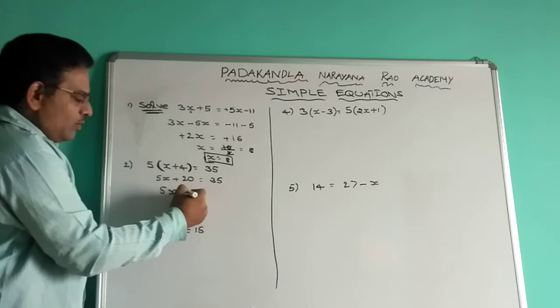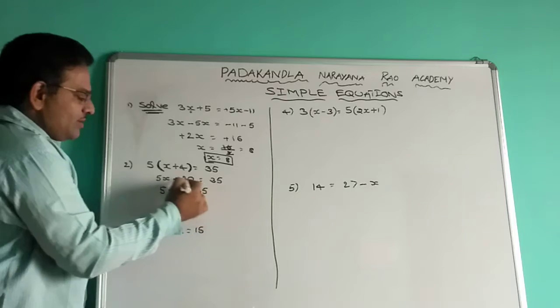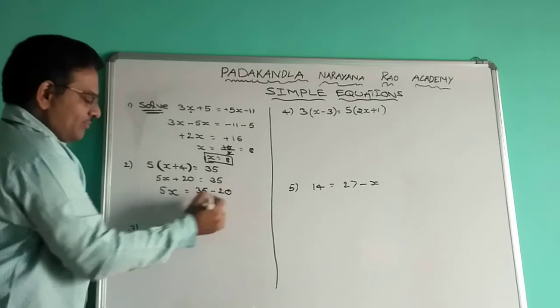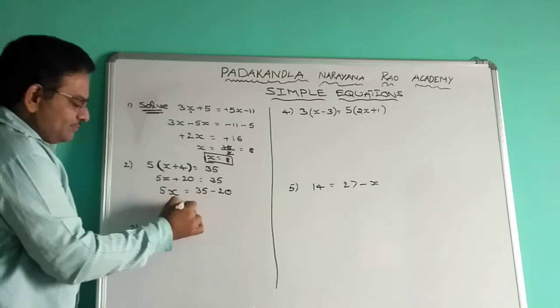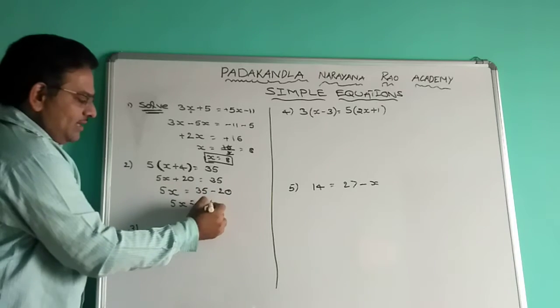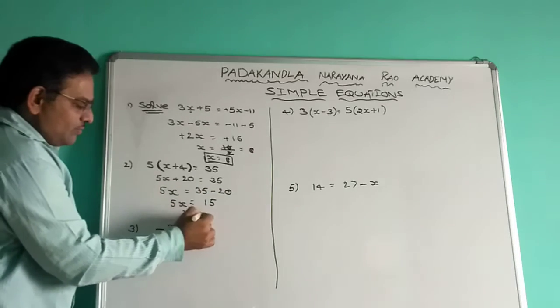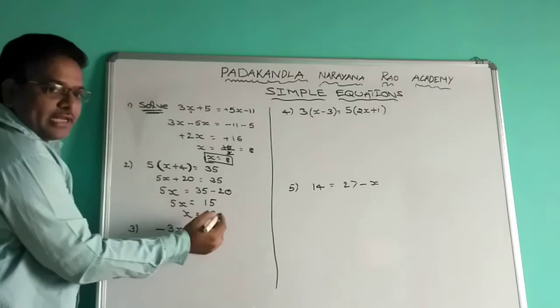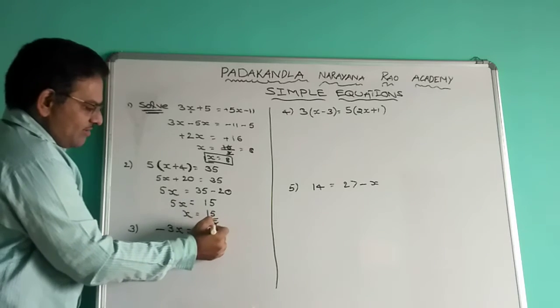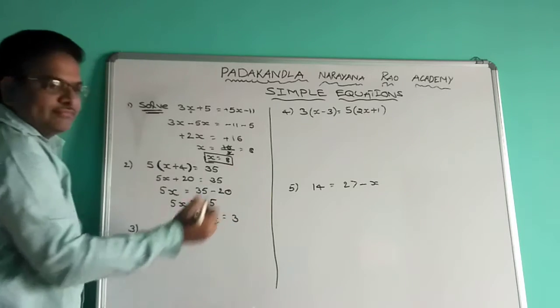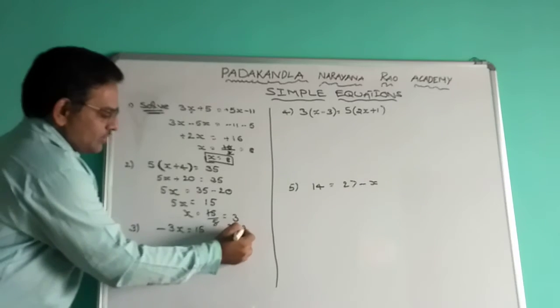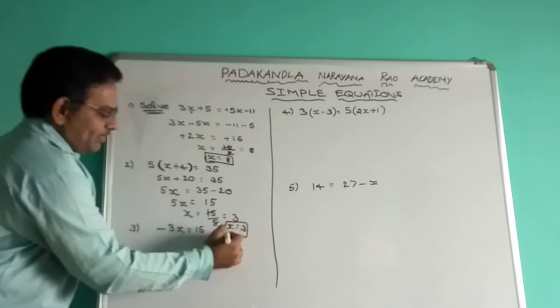This 20 goes to the other side, 35 - 20. 5x = 15. Then x = 15 by 5, since multiplying goes to the other side as division. 5 ones are 5, 5 threes are 15. So x = 3 for this problem.